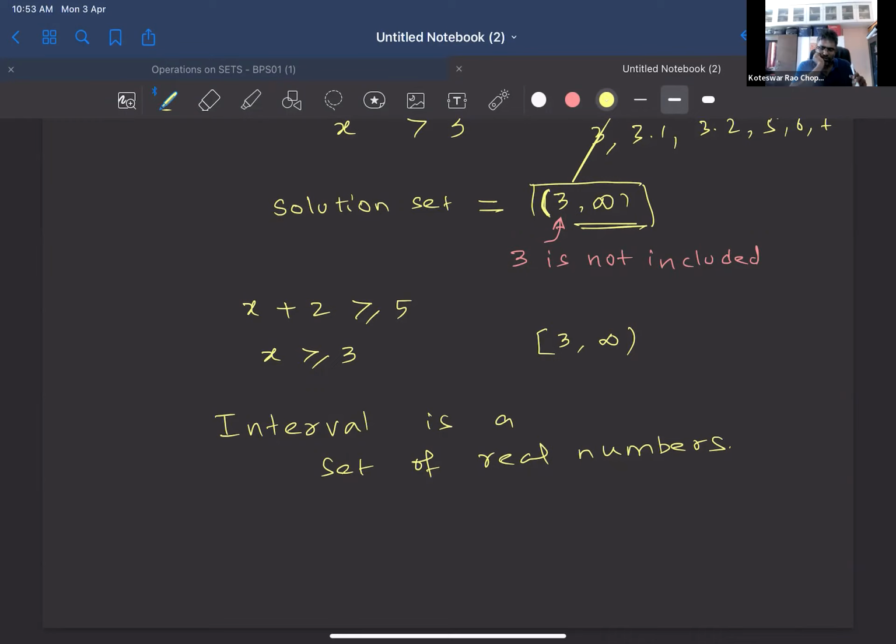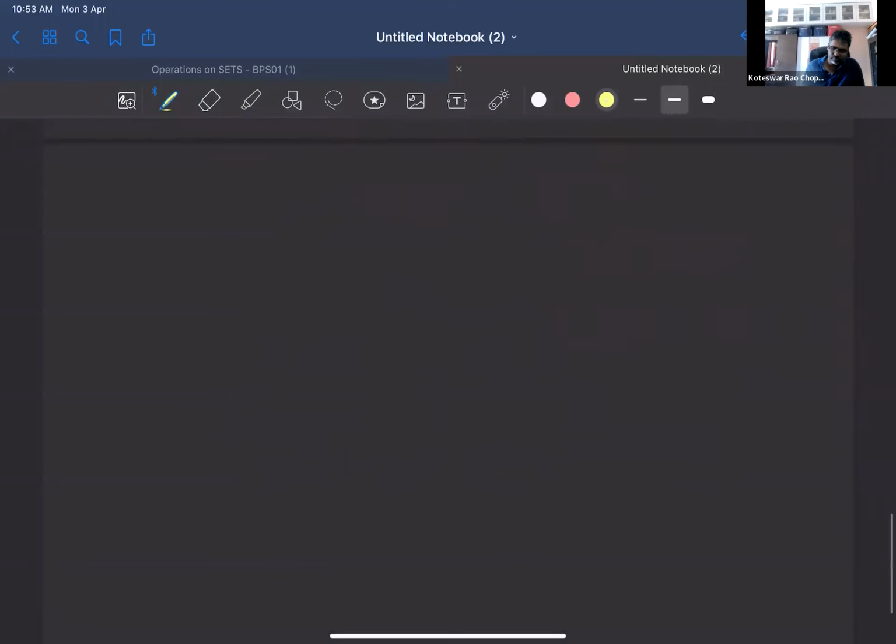Now, to get more practice on this, I'll give you very, very simple equations. First, let us refresh your skill of solving quadratic equations.